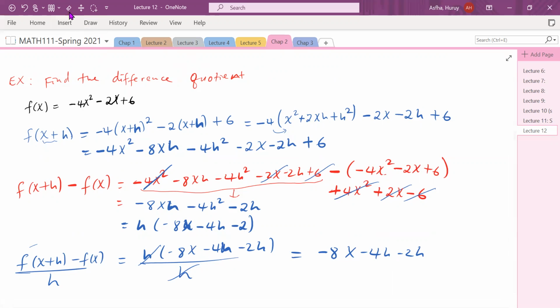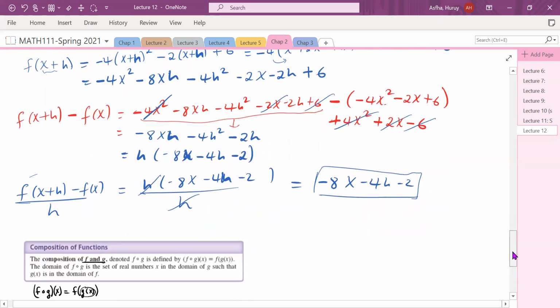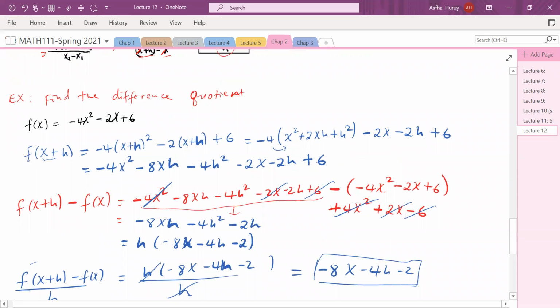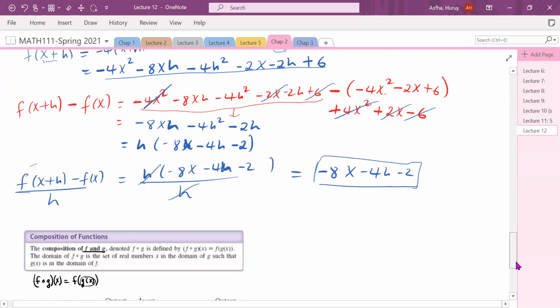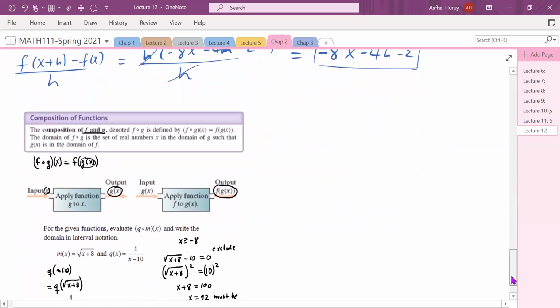So this is the difference quotient. This is how we find the difference quotient. Basically, it's just evaluating f at x plus h and then subtracting f of x from whatever result we have here, and then dividing by h, and that will give you the difference quotient.